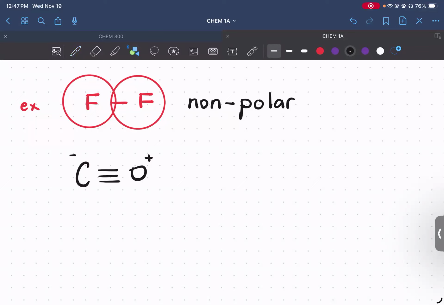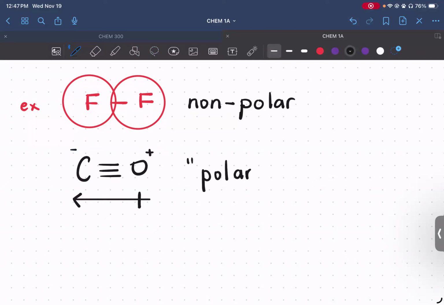In this case, what we do see is again that polarity, and we draw the arrow as such. This is, of course, what's known as a polar molecule.